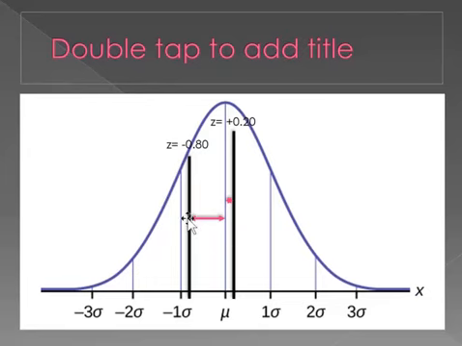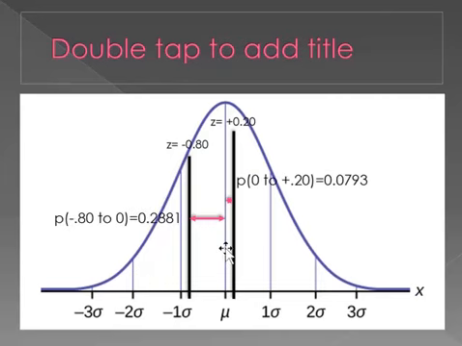If we found the proportion of scores between the mean and negative 0.80, and also found the proportion of scores between the mean and plus 0.20, surely we could add these 2 proportions up to get the total proportion that falls between these 2 scores. So in this case, we're looking for the proportion of scores in both cases that fall between the mean and z, for a z-score of 0.80 and a z-score of 0.20, and then we're going to sum those together.